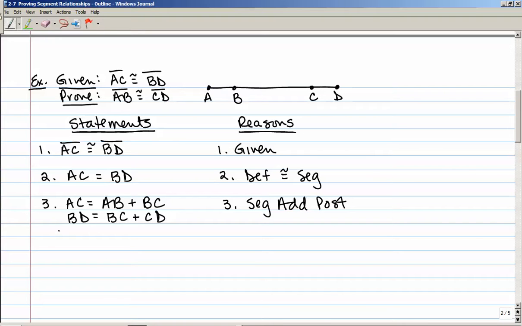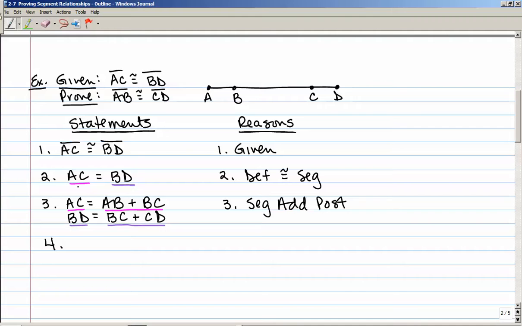Okay? Now what I can say is notice, let me use a little bit of color here, that might help. This is AC, this is AC, and this is AC. This is BD, here's BD, and here's BD. So if AC is equal to BD, and this is equal to this.